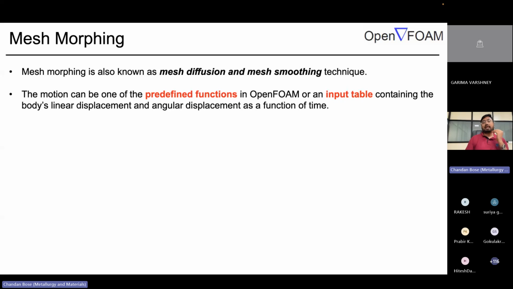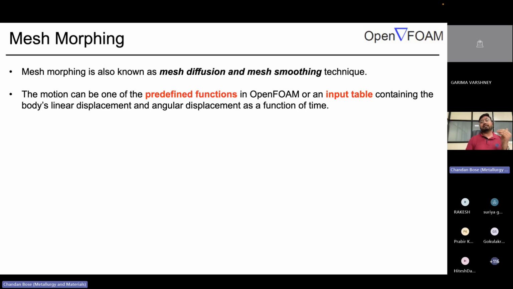As I have already shown you one example of a flapping airfoil where we give predefined body motion, the mesh morphing technique can be used for predefined body motion, as well as for coupled fluid structure interaction cases. First we will see some cases of predefined motions, and then we will see some fluid structure interaction cases.